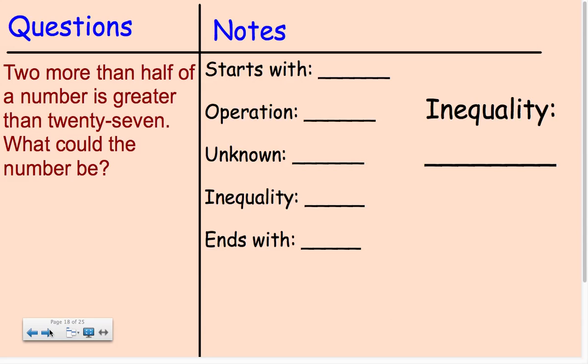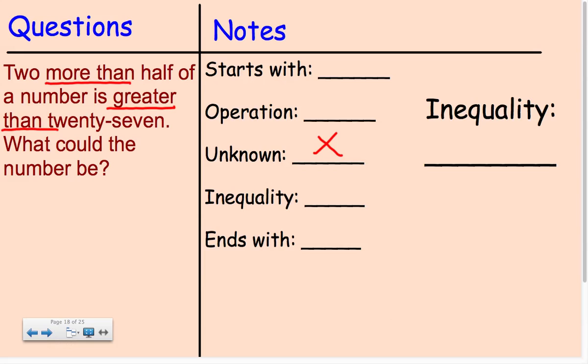I'll still start with my unknown, which is x. And then we're going to look for our inequality symbol, so we have greater than. Now the tricky part here is it also has more than. We don't want 2 inequality symbols. 2 more than half of a number, more than can also be an operation. So that's going to be an operation in this case.